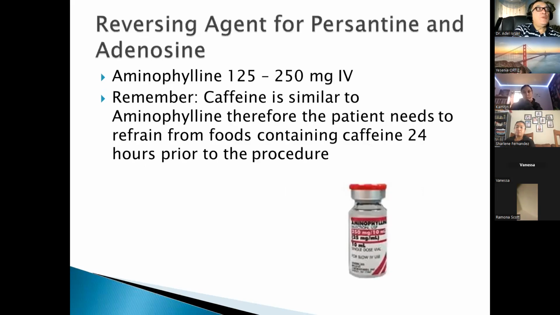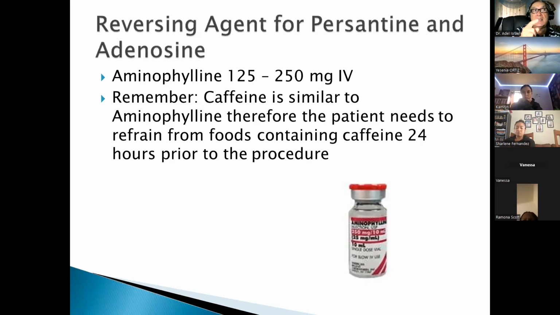After we do the stress test by medication, when we do the treadmill, it's okay: I will stop the machine, I'll stop the exercise. But if I already used the medication, how can I withdraw this medication? There is no way to withdraw, but I have to give an antidote.